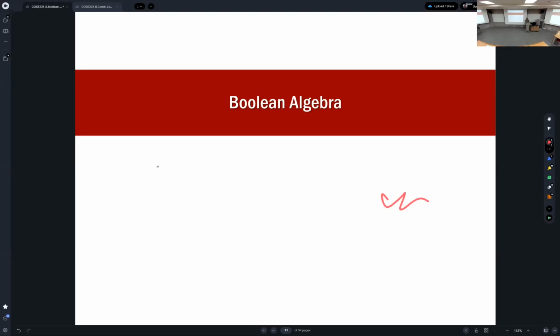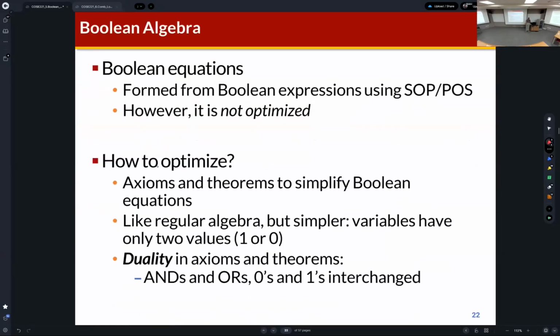In the previous class, we learned about the Boolean algebra. So what is the Boolean algebra? It's like the normal algebra. The Boolean algebra handles the equations, actually the Boolean equations, which means that the Boolean equation handles just the true or false values.